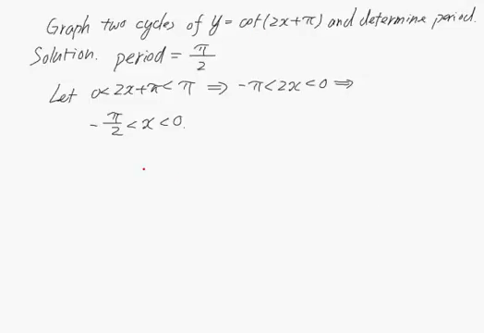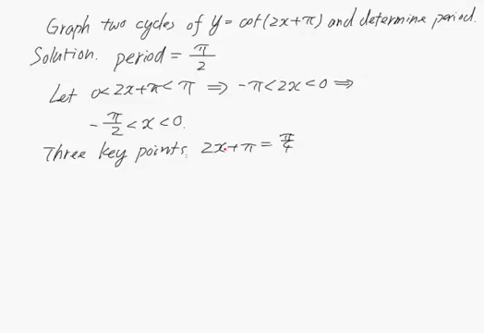So now let's get the 3 key points for this fundamental cycle. To determine the 3 key points, we set the expression inside the parenthesis, 2x plus pi, equal to pi over 4, half pi, and 3 pi over 4.